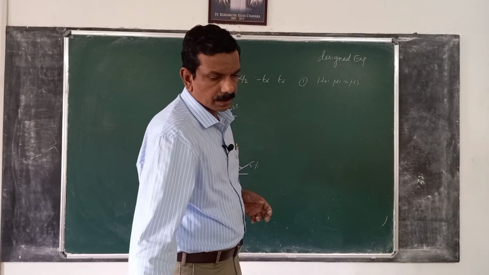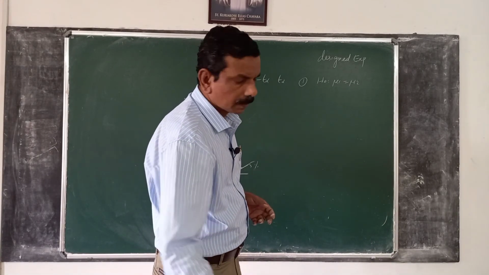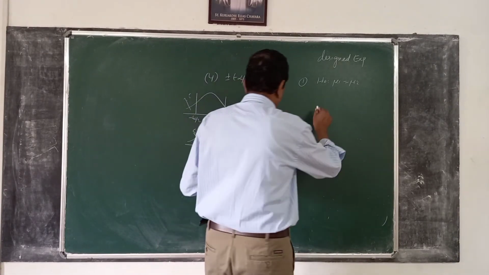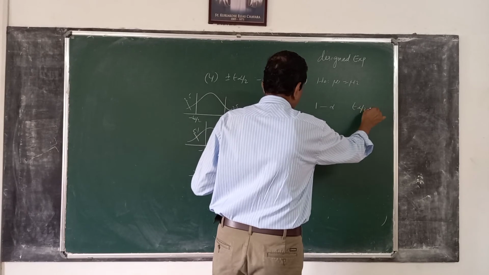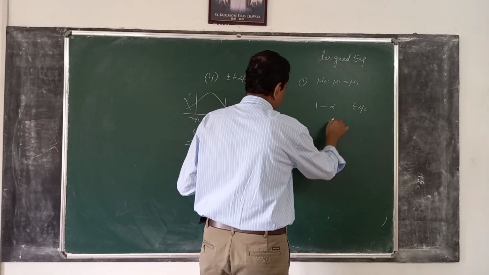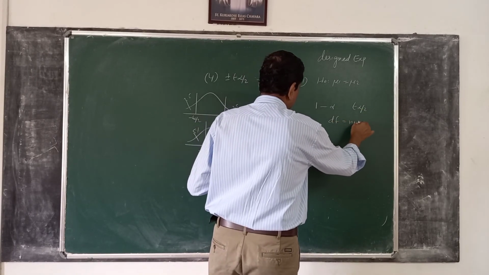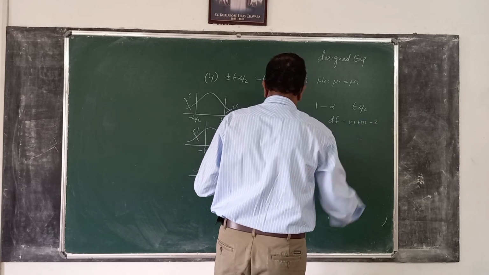Let us see how we do it. For a confidence interval of 1 minus alpha, find t alpha by 2 with the degrees of freedom equal to n1 plus n2 minus 2.